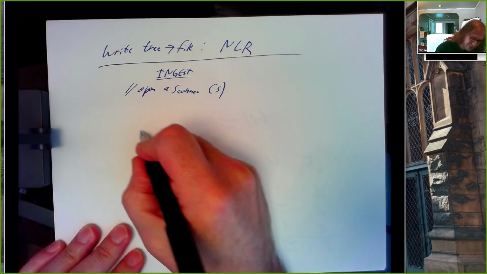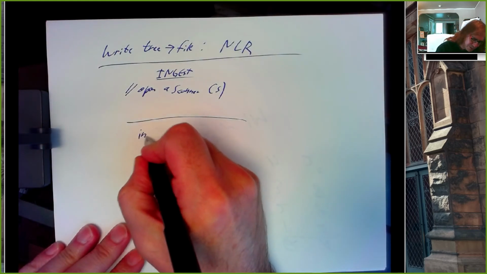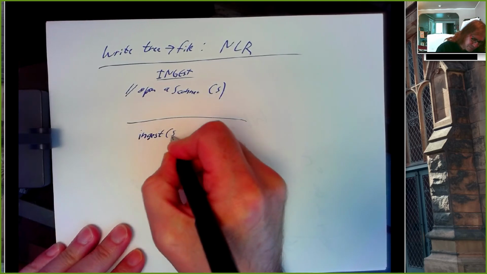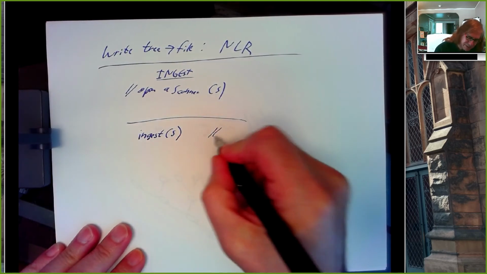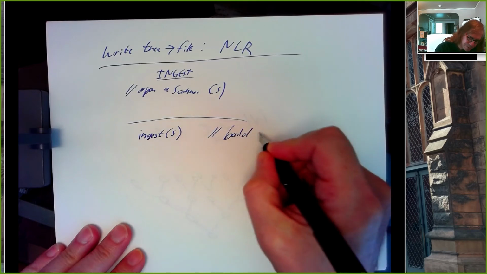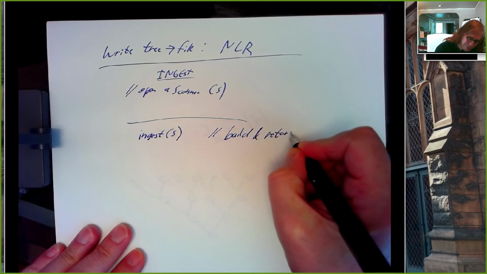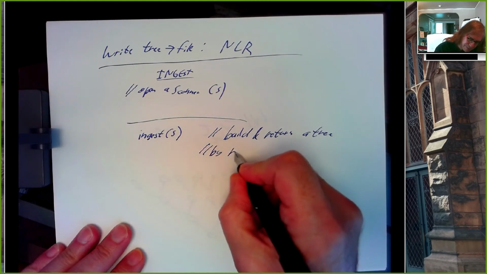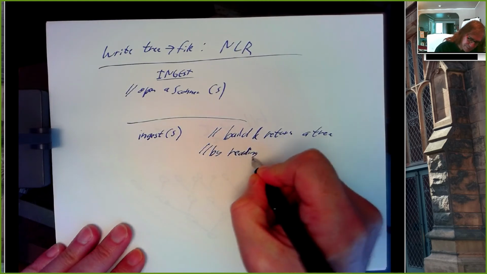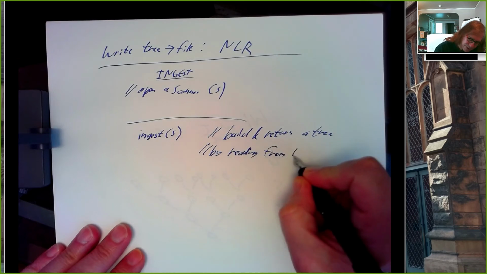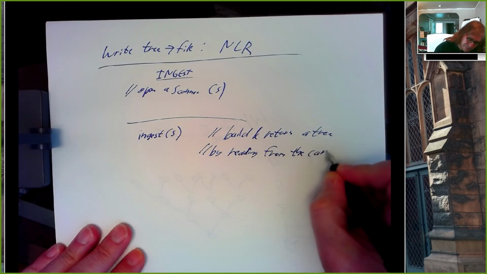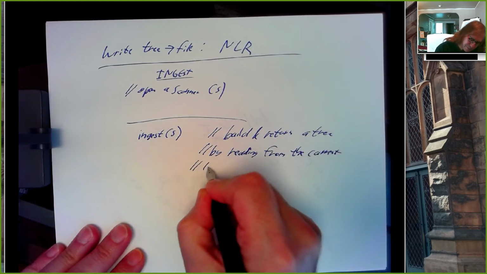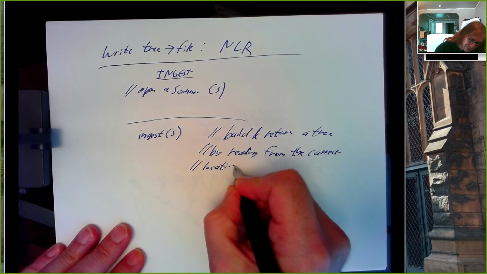All right, so here's pseudocode. Ingest S: build and return a tree by reading from the current location in the file.